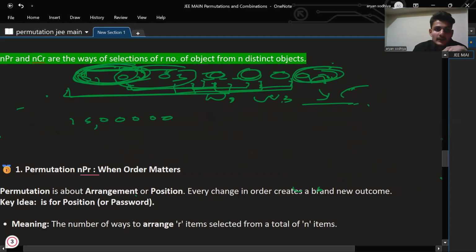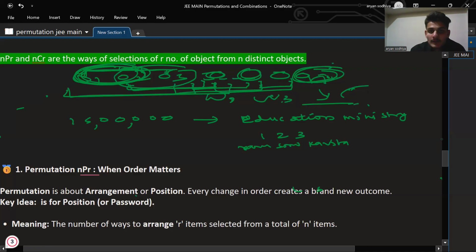Now, somebody from NTA or CBSE, whatever, the education ministry, went and ready-made the ranks now. One, two, three: Ram, Sonu, Kavita.